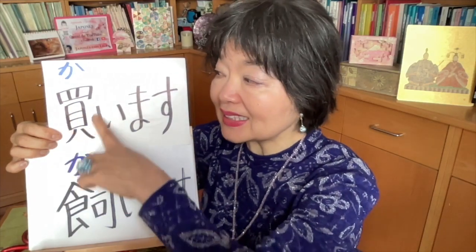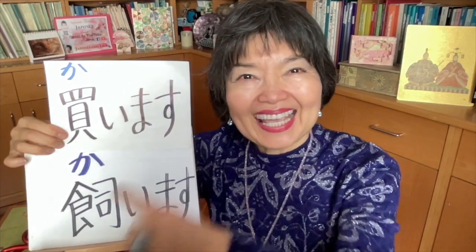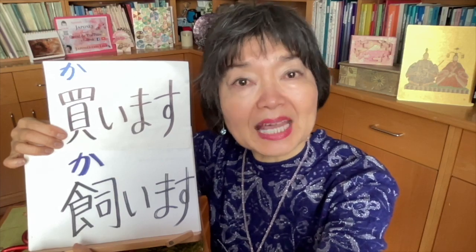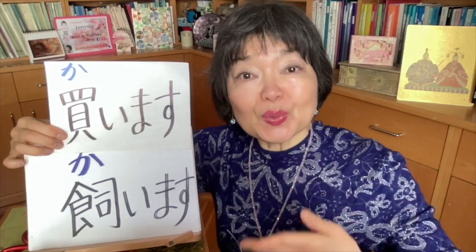When you see this shell in many kanji, as a part of the kanji, it means money. So kaimasu here is to buy. And this kanji, the left part is very similar to tabemasu, right? Tabemasu, to eat. So you give your pets, you give your animals something to eat.